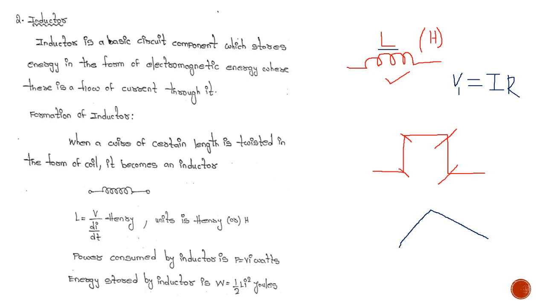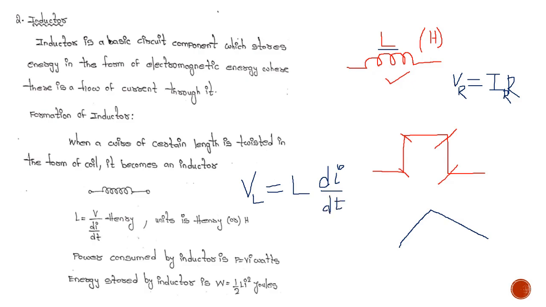For convenience, I'm writing the letter V suffix R, and this is the current I suffix R. So this is across the resistor. Similarly, using the same law, we can write the voltage drop across the inductor as V suffix L is equal to L into di by dt.